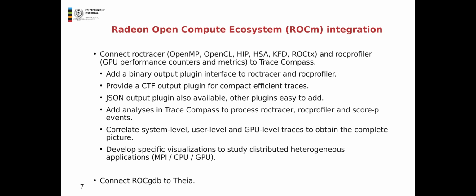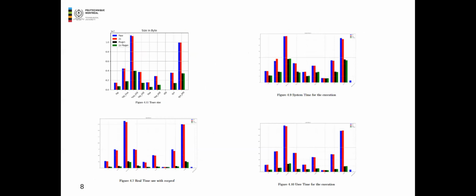Because of that, you can analyze big MPI applications, and you have complete observability on both what's happening on the CPU and on the GPU. Also, as I mentioned, we connected the debugger part as well, so we can connect ROCgdb to the Theia IDE as well. Next. So now Arnaud will continue the presentation.